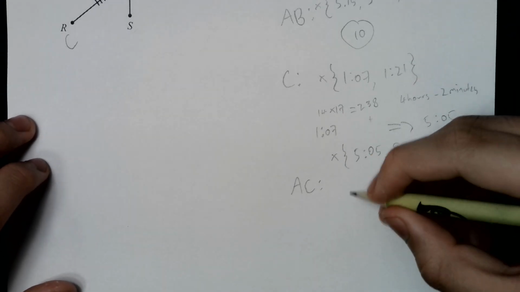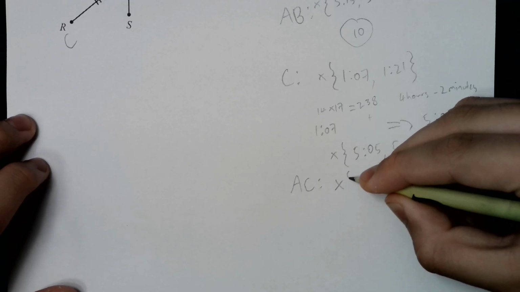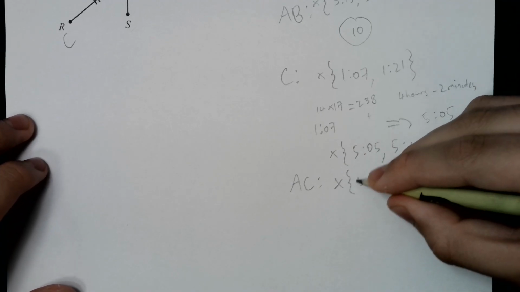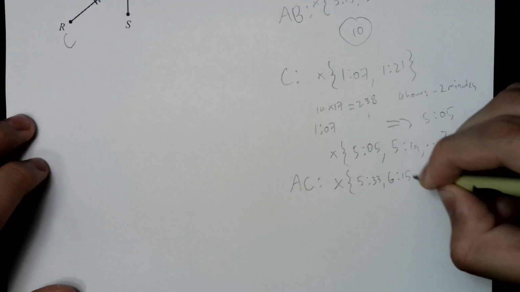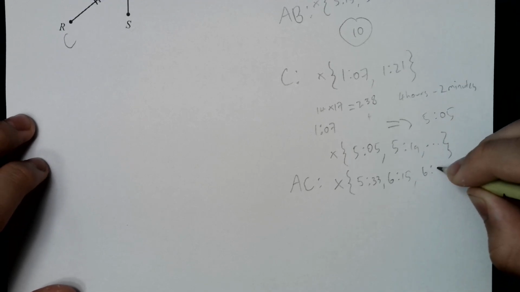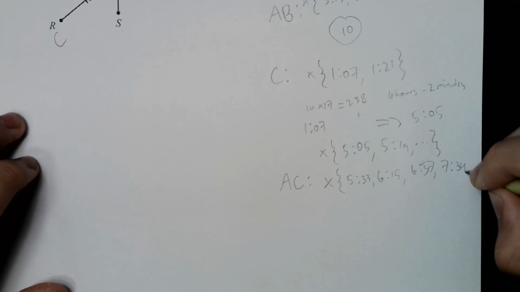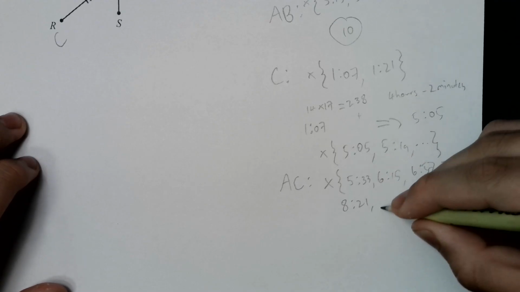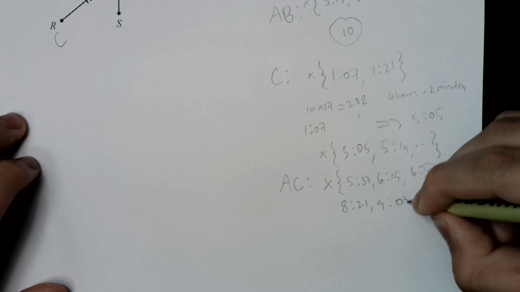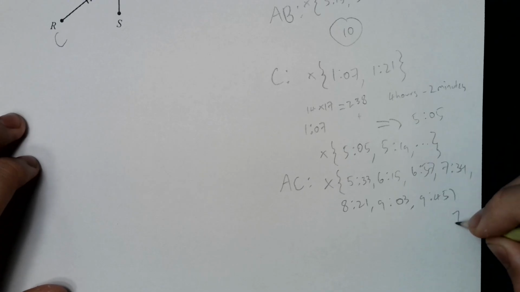So for the AC relation, we can both arrive at x at 5:33, 6:15, 6:57, sorry, 7:39, 8:21, 9:03, and 9:45, for a total of 7 different possibilities.